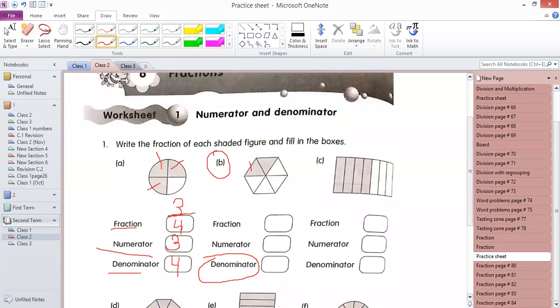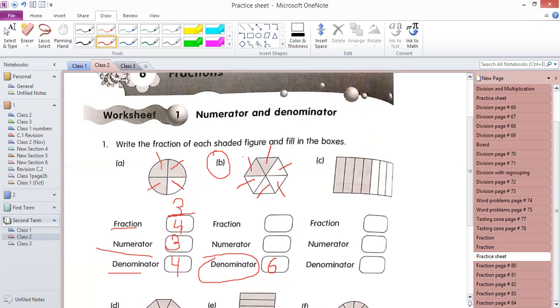Count with me. 1, 2, 3, 4, 5, 6. So the denominator is 6. Look here. 1, 2, 3, 4. 4 parts, so the denominator was 4. Here the total parts are 6, so the denominator is 6.